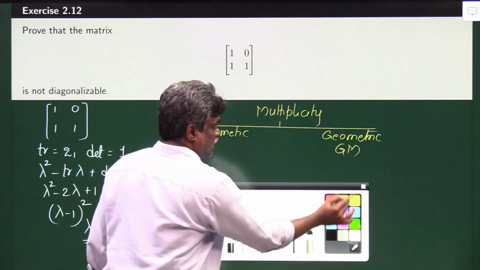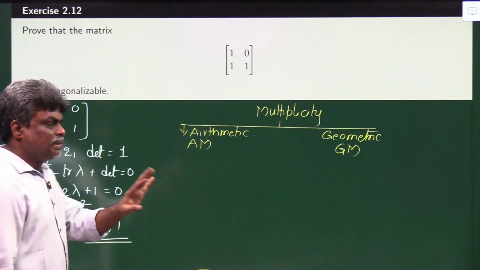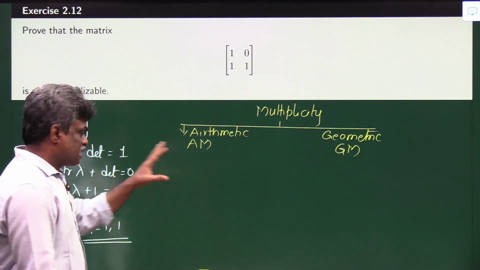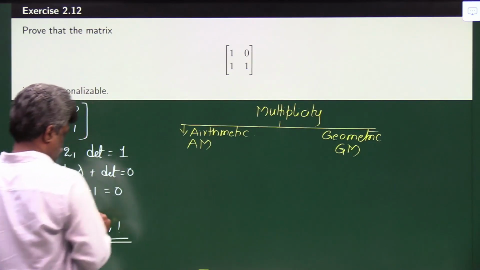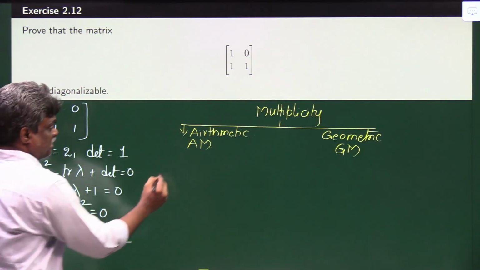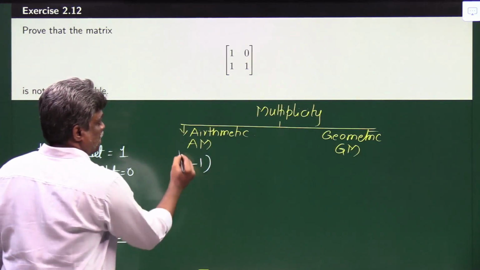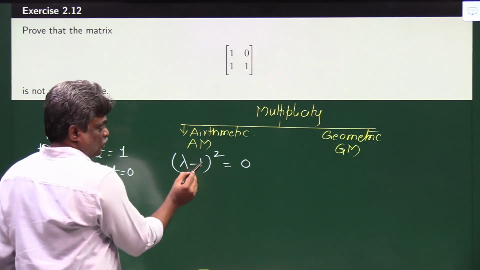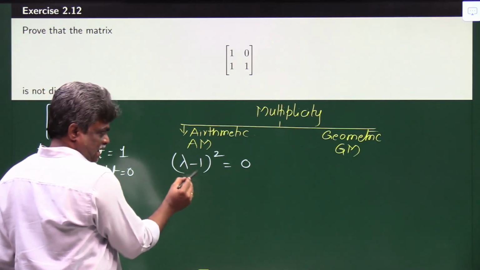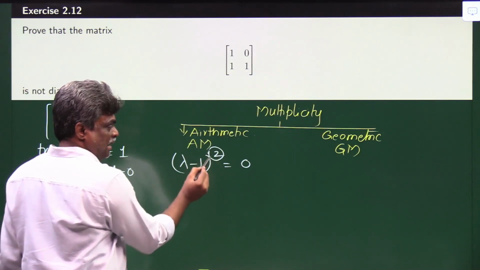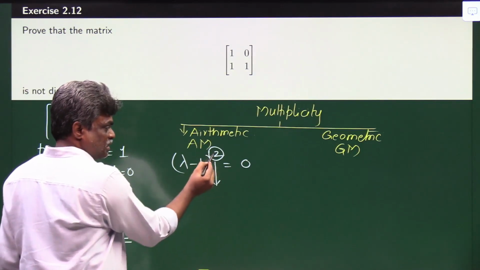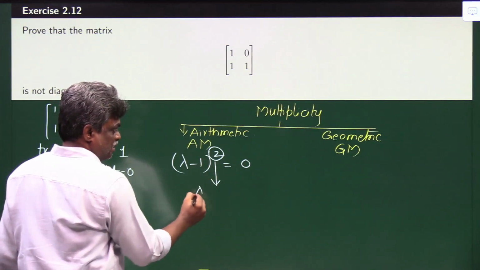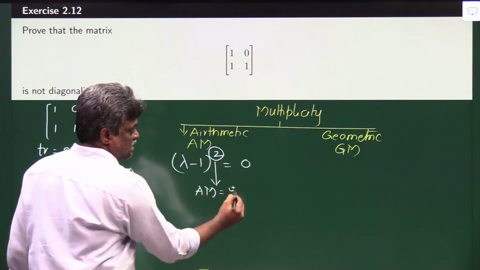So what is this arithmetic multiplicity? Arithmetic multiplicity is simply your secular equation. What is your secular equation here? This is lambda minus 1 whole squared equal to 0. So that means lambda equal to 1 is the eigenvalue, but repeated how many times? 2 times. Just take this power. So arithmetic multiplicity in this case is 2.